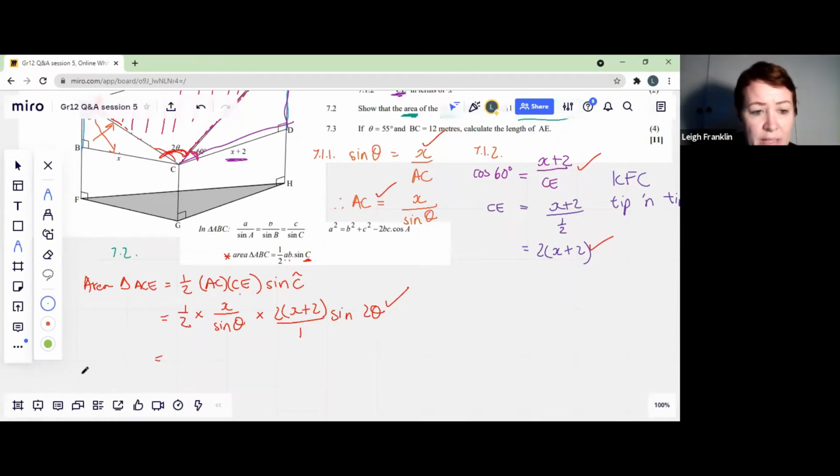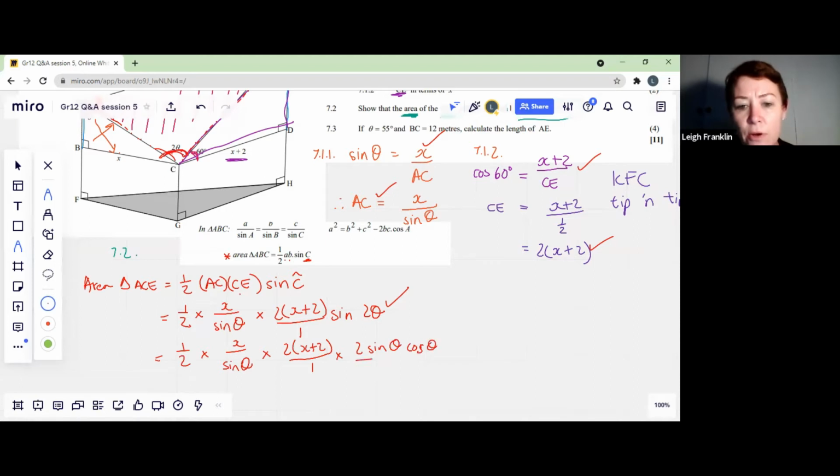Okay, so that means I've got 1 over 2 times x over sine theta times 2 times x plus 2 at the top, over 1 multiplied by 2 sine theta cos theta over 1.